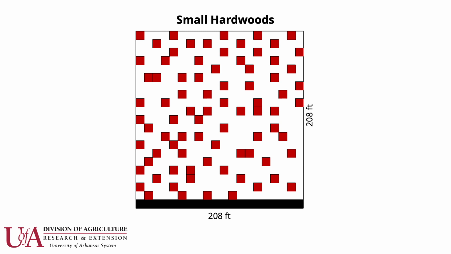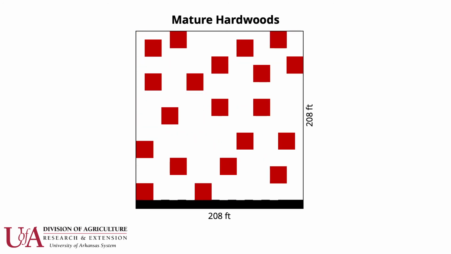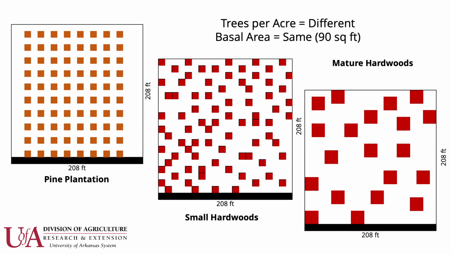You could see a young hardwood stand with many small trees scattered over the acre, or you might find a mature hardwood stand dominated by a few extremely large trees. While the number of trees per acre can vary wildly depending upon the size of the trees, the basal area measurement is the same for all 3 of these examples.